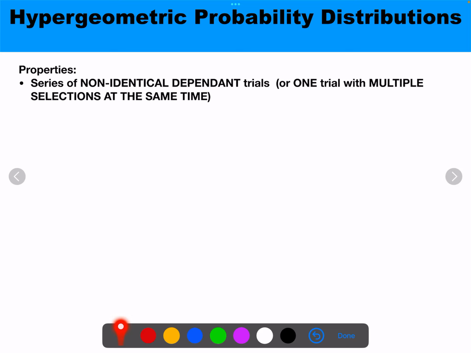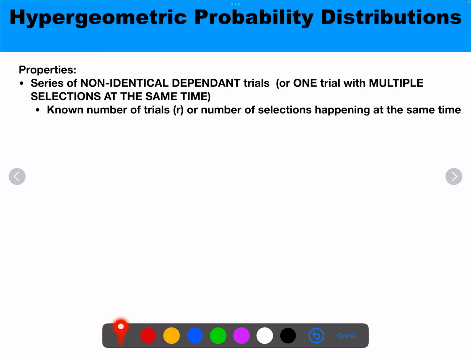So again, the properties of hypergeometric. It's a series of non-identical dependent trials, meaning if you are selecting one thing at a time, you are not putting it back. Or it's just one trial and you select a whole bunch of stuff at once. I would say more often than not, it's that one trial with multiple selections at the same time. You have a known number of trials, which could also be the number of things you're picking.